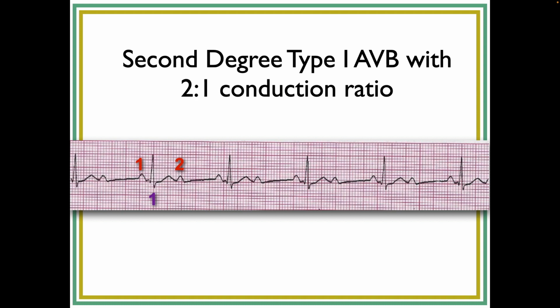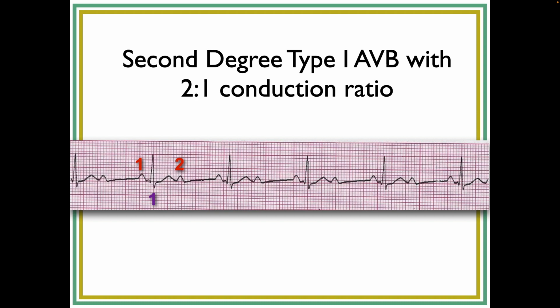This, first of all, is a second degree type 1 AV block. If you're able to look inside that person's heart to see what's causing it, it is a second degree type 1 AV block. But there's no way to talk about PR intervals that progress because there's only a single PR interval within each group.